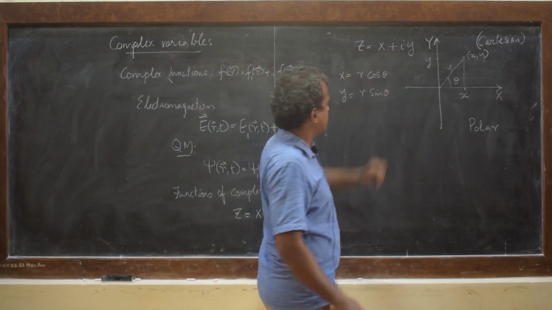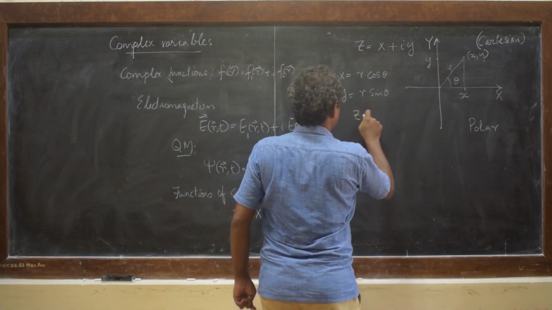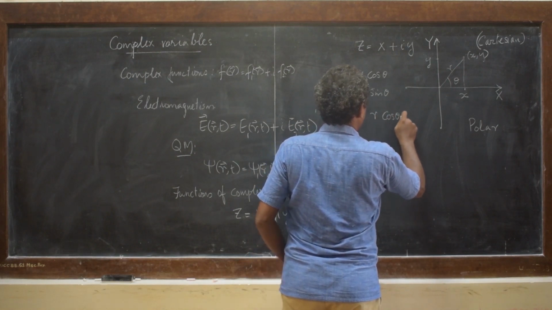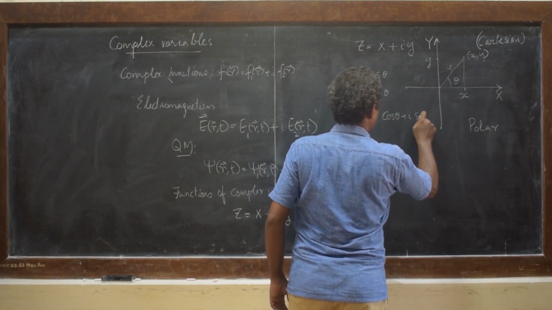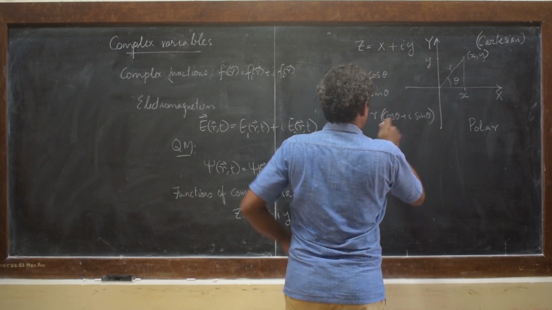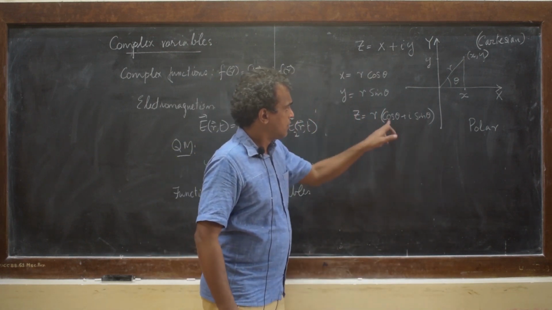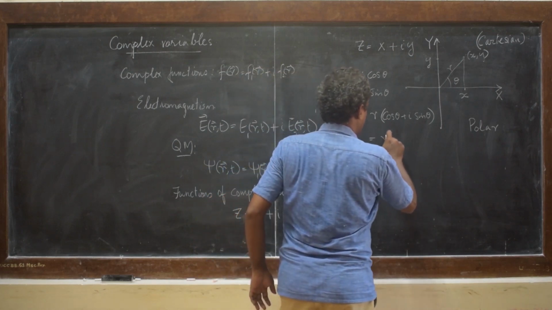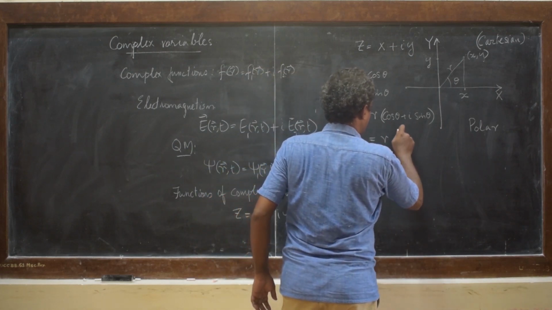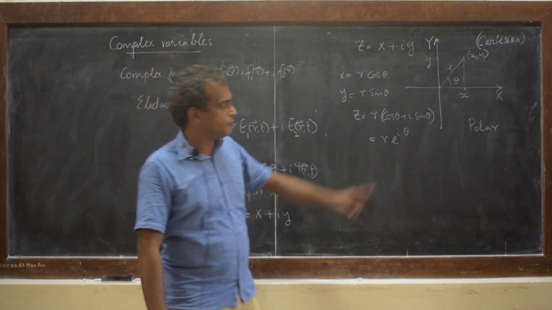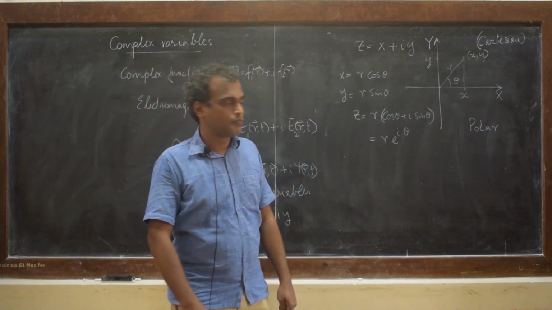We could write the same thing as r times cos theta plus i sin theta together. That makes up what is well known to be the exponential of i times theta.